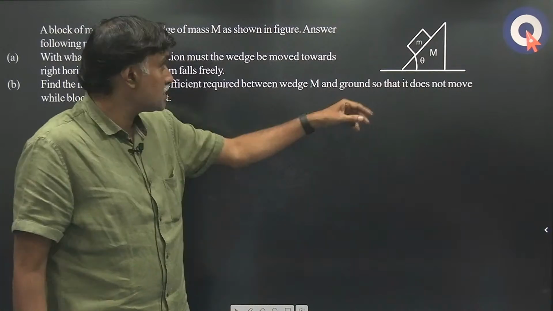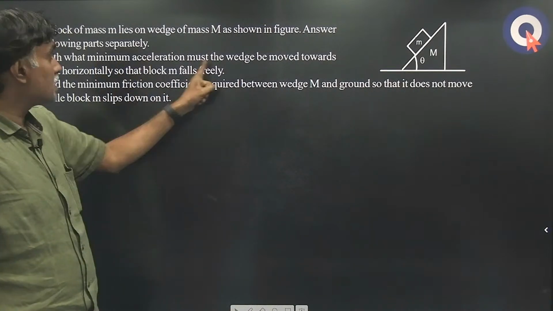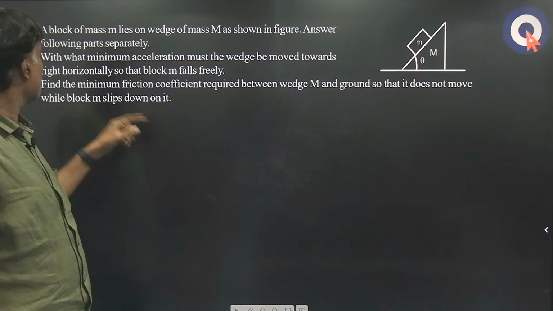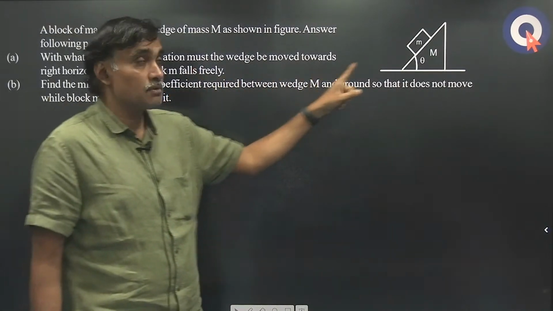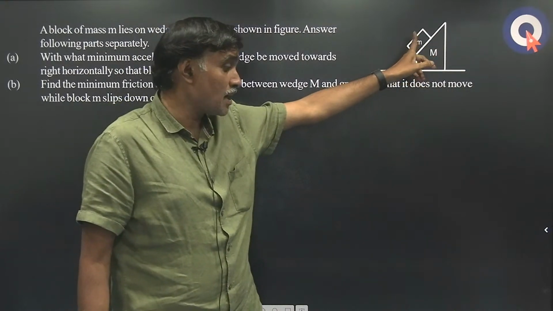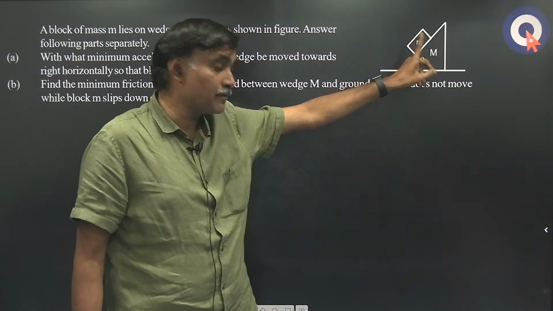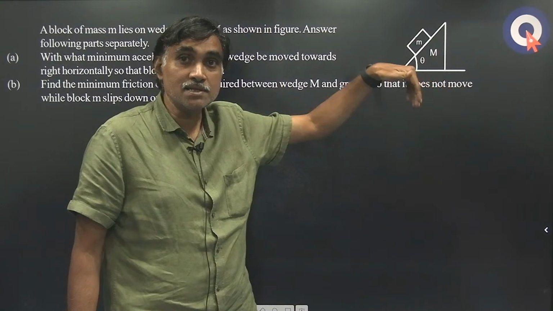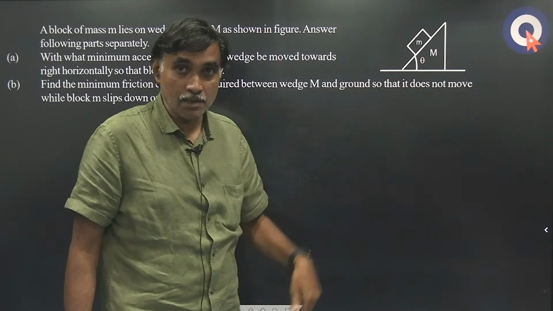Now in this bit, what they have asked: with what minimum acceleration must the wedge be moved towards right horizontally so that block of mass small m falls freely. Now when this block of mass small m falls freely, means what? Its acceleration is acceleration due to gravity, g downwards.